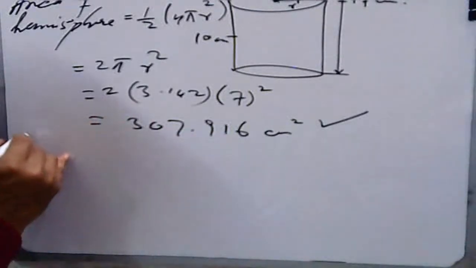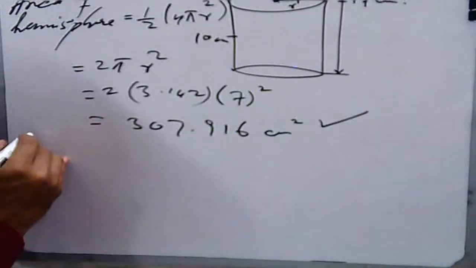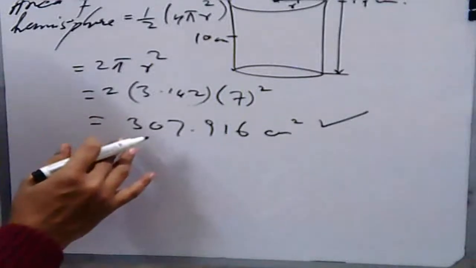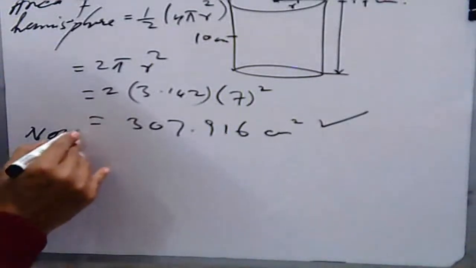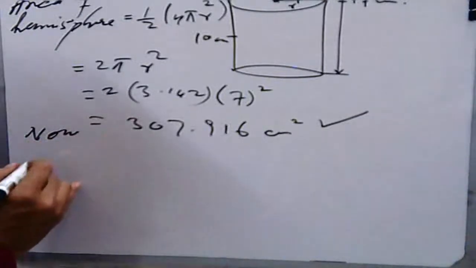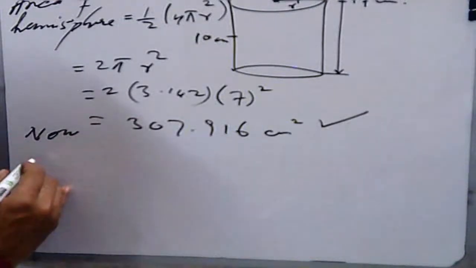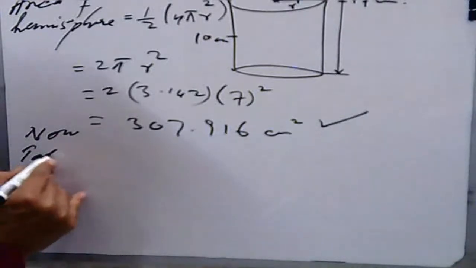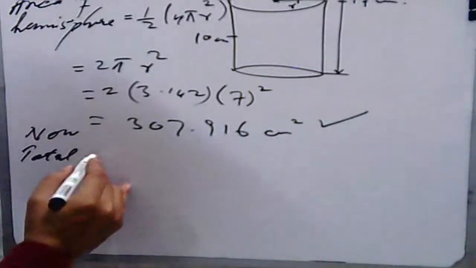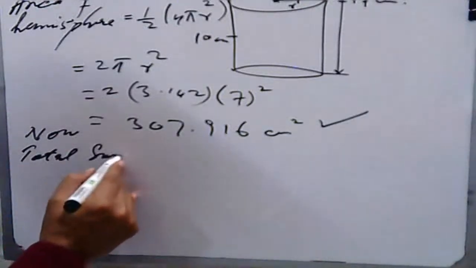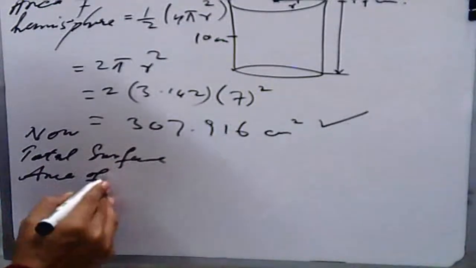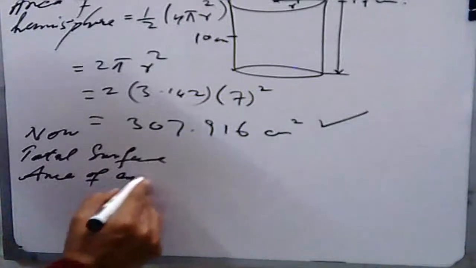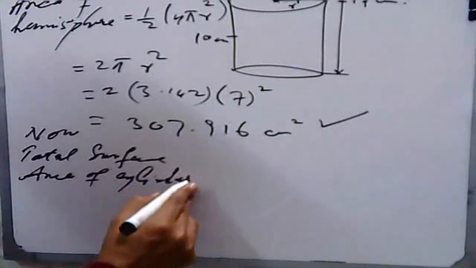Now to solve simultaneously, total surface area of cylinder is equal to pi r square plus 2 pi r h.